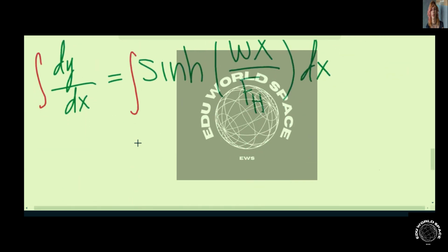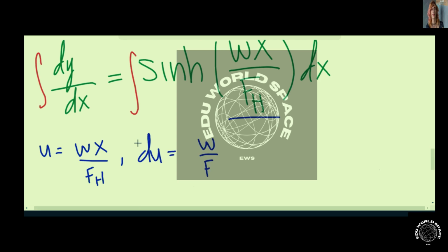So if we take the integral of this term inside of the hyperbolic sine using u substitution, we can say that u equals w times x over f sub h, where the derivative is equal to w over f sub h times dx.